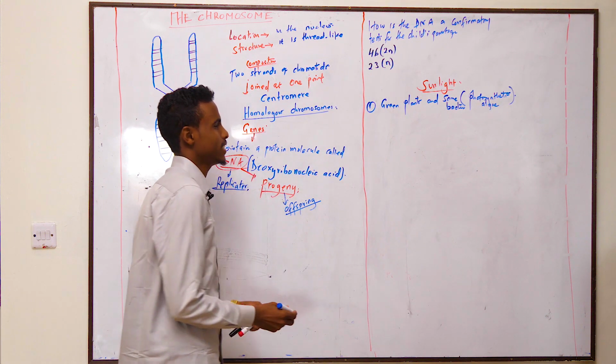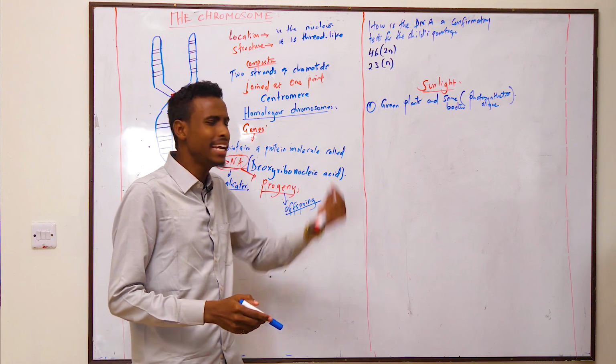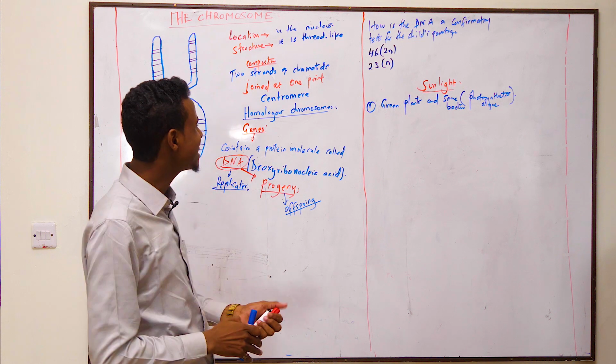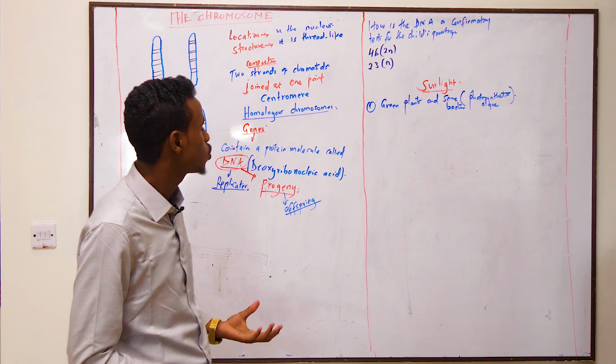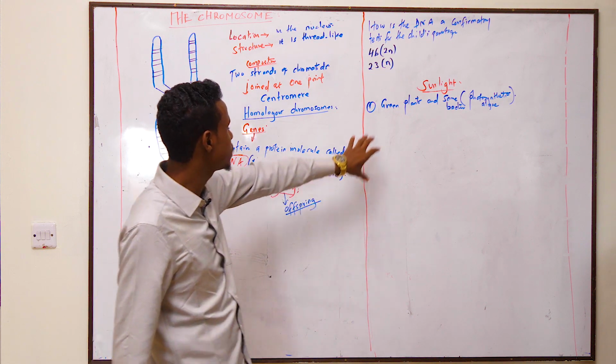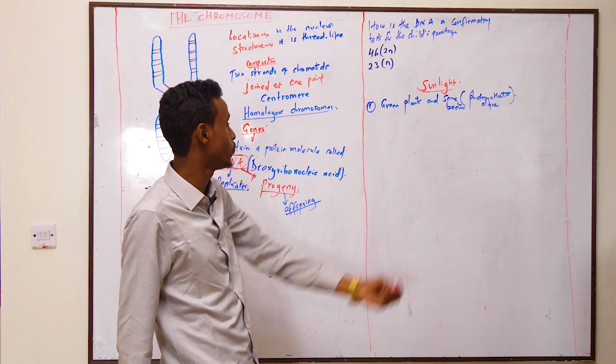What these do is that they primarily depend on light energy from the sun to manufacture food substances, right? Because they use the light energy from the sun to manufacture food substances.